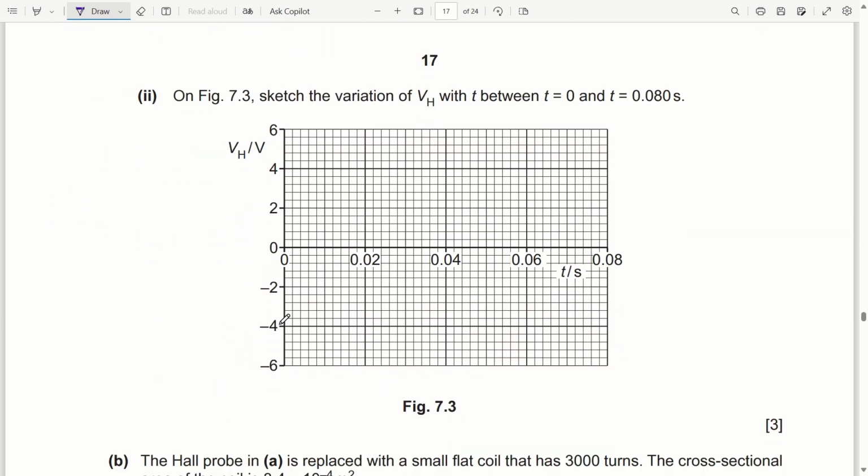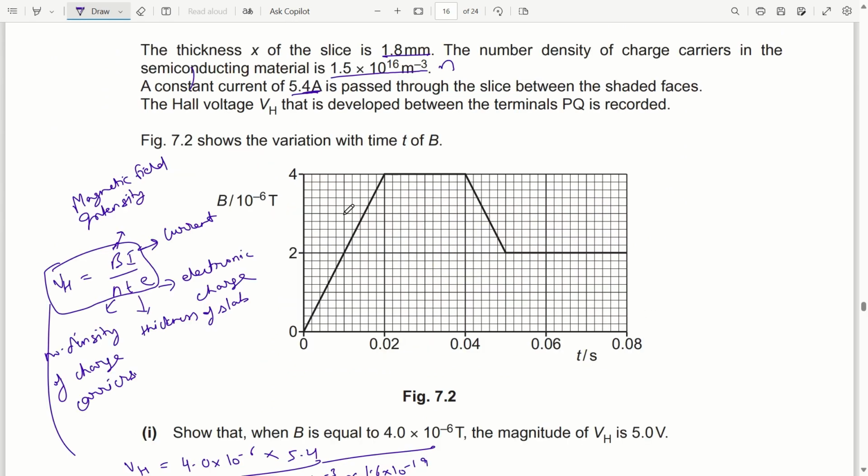Second part is on figure 7.3. Sketch the variation of VH with t between time t equal to 0 and 0.080 second. From this graph we can see the variation of B versus t, and from this equation we can conclude that VH is proportional to B. So in this graph from 0.02 to 0.04 second, B is remaining constant, and the other quantities I, t and e are constant here.